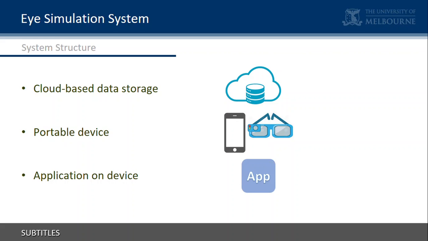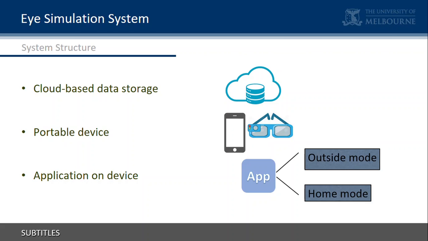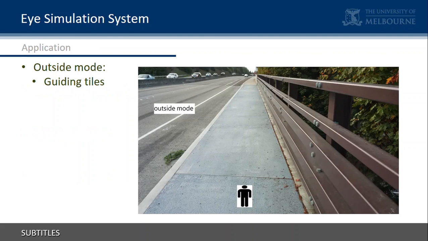The last one is the application. This application contains two modes: outside mode and home mode. Taking guiding tiles in our environment tends to put blind people at risk.